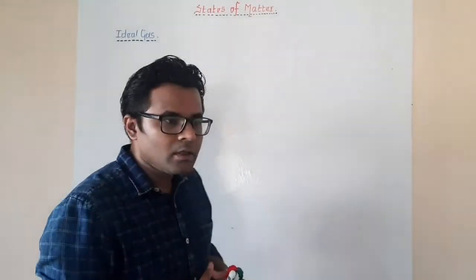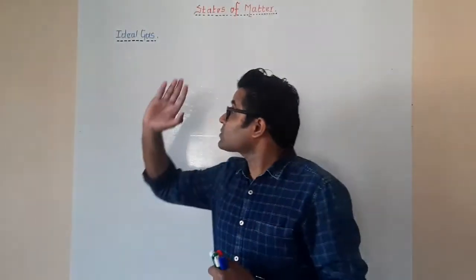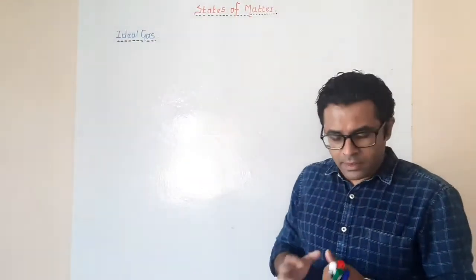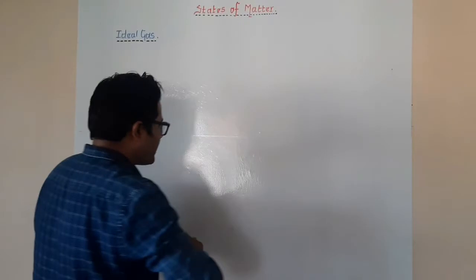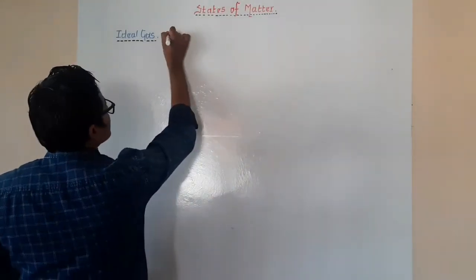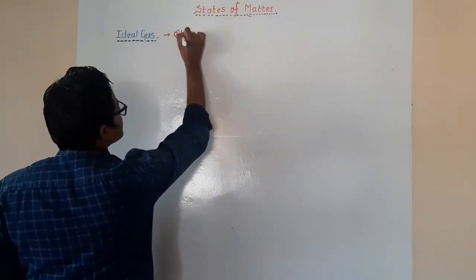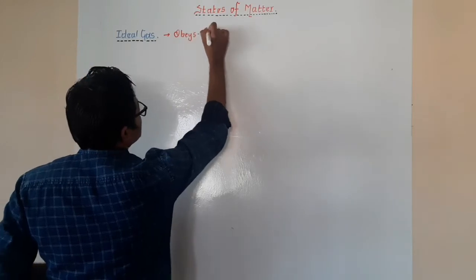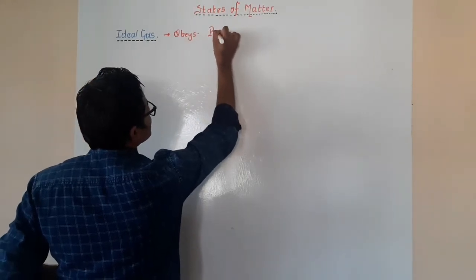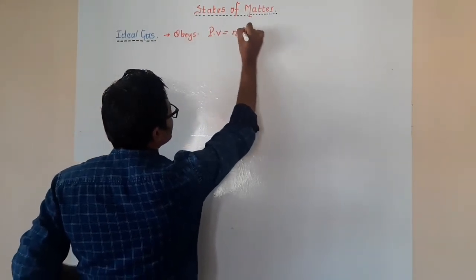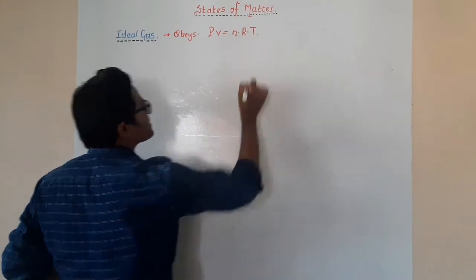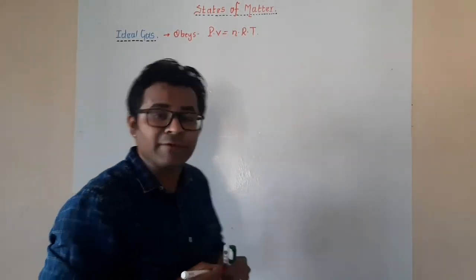So, coming to the next section, and that is going to be the ideal gases. Now, ideal gases are those gases which obey the condition P into V is equal to nRT, and that is nothing more than the ideal gas equation.